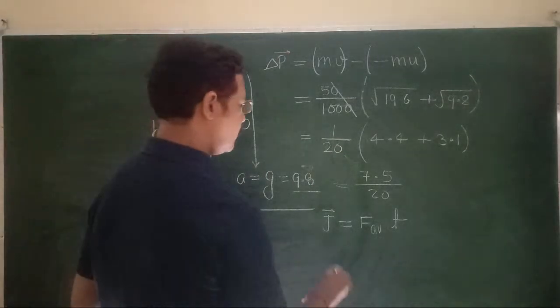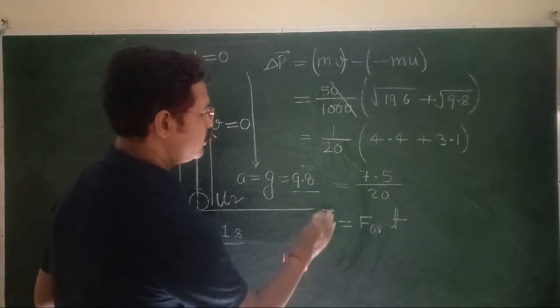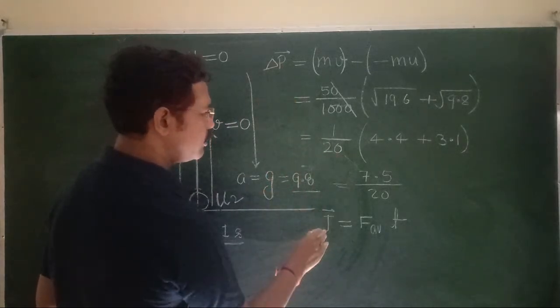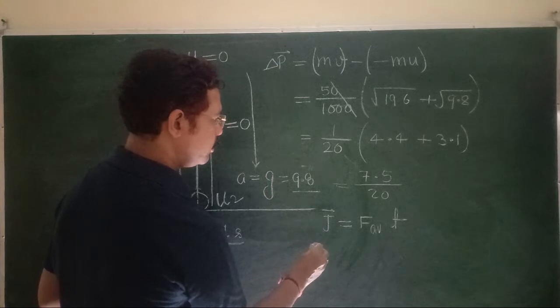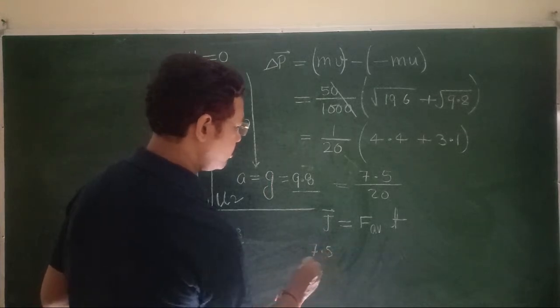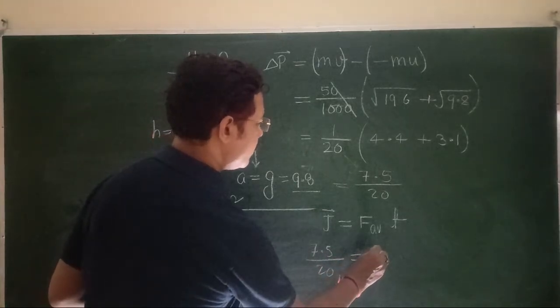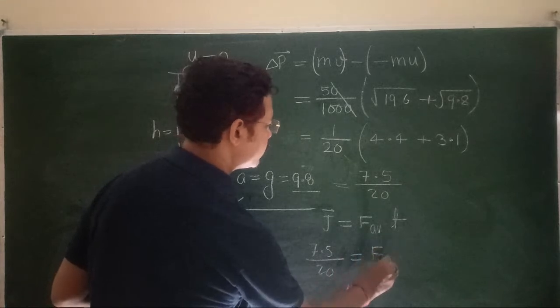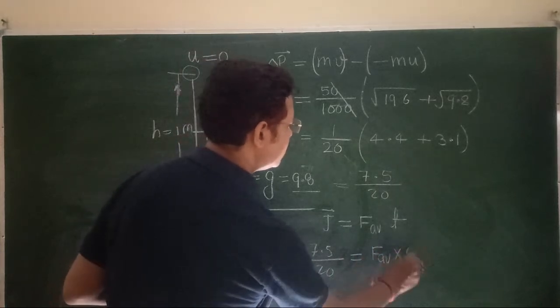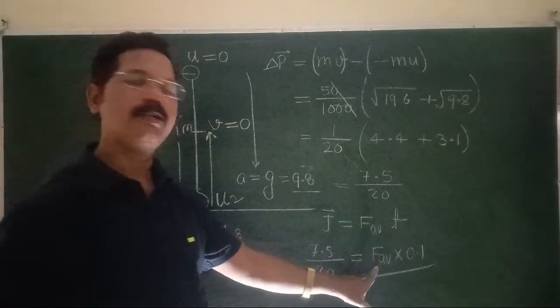So J is how much here? Change in momentum is how much? This is J, and this is 7.5 upon 20, equal to average force, and time is here 0.1 second. So you can find the result of the average force.